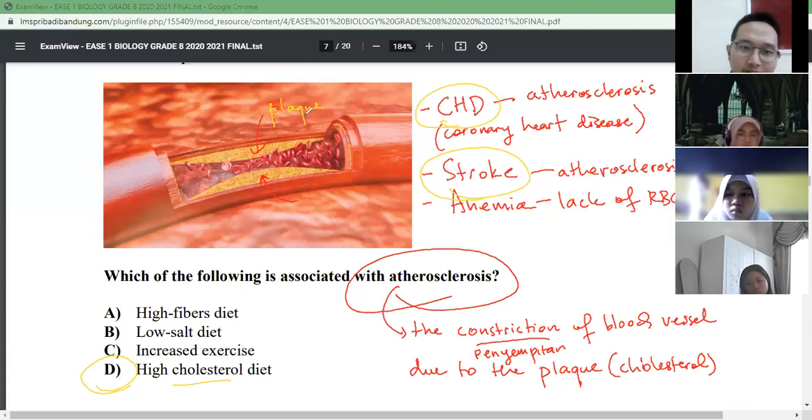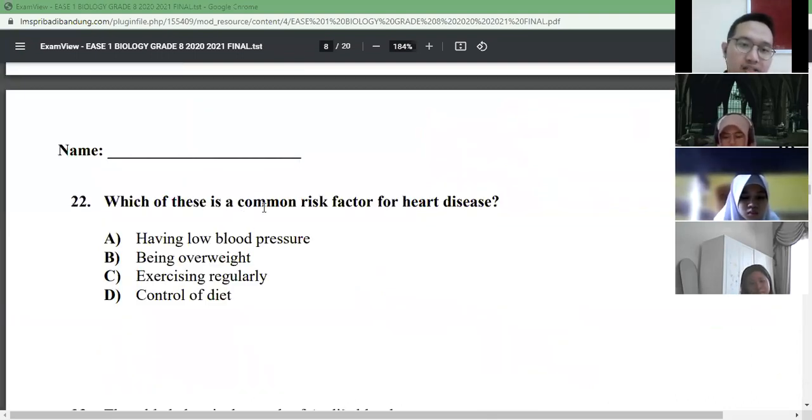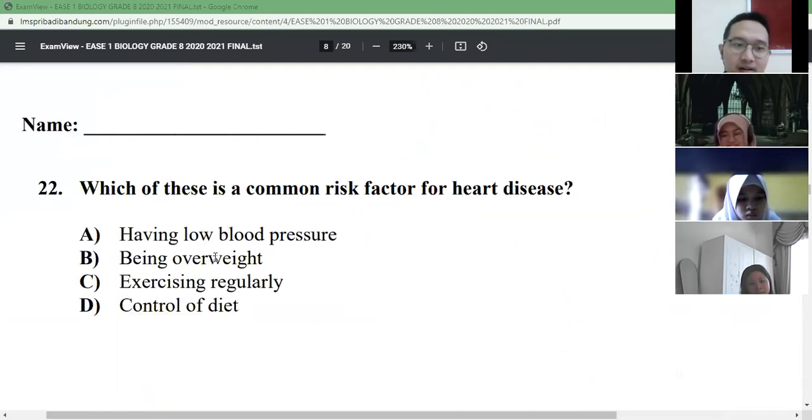Jadi kalau kalian makan banyak yang berminyak gitu harus olahraga juga biar nggak menumpuk kolesterolnya gitu kan ya. Okay, so yes, the answer is D. Next. Which of these is a common risk factor for heart disease? I think you know already.